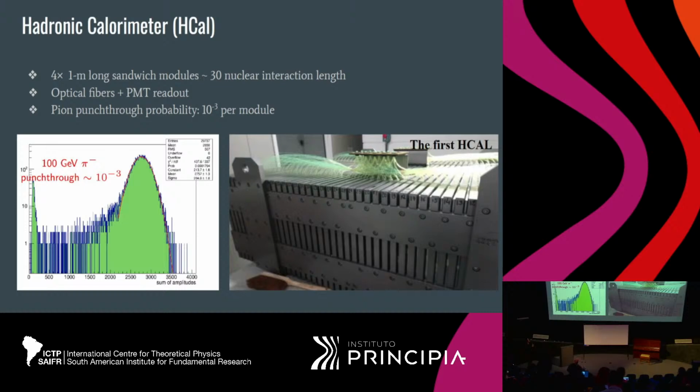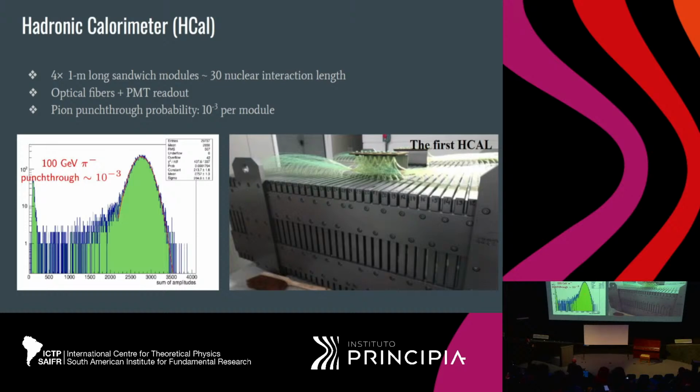For example, here we have the plot of what happens when you have a pion impinging on this detector. This is only one module, so the energy deposited on one module before a normalization, just the ADC count. This peak is when the pion undergoes a hard interaction within the hadronic calorimeter, which results in a hadronic shower that is somehow contained, and so you have a peak at the energy of the pion.